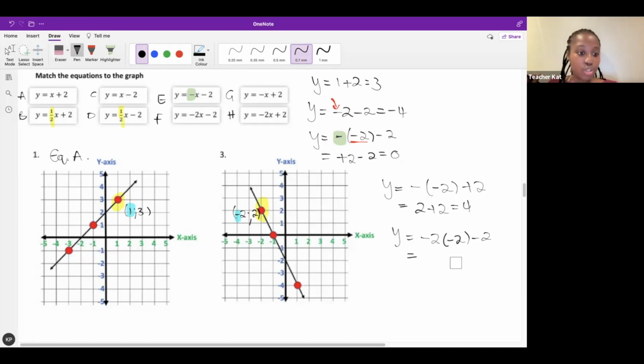Okay, what's -2 times -2? Be careful, that is +4. And if you minus 2 from that, you get +2. Does that match up with my coordinates? Look carefully, Leachilwe. Remember, it was -2 and 2. So yes, it does. So then graph number 3 matches up with equation F.